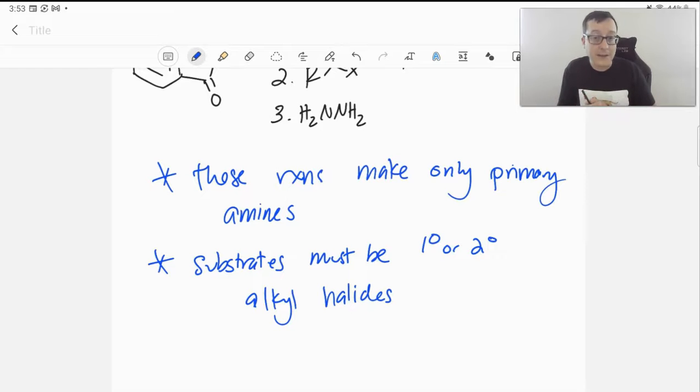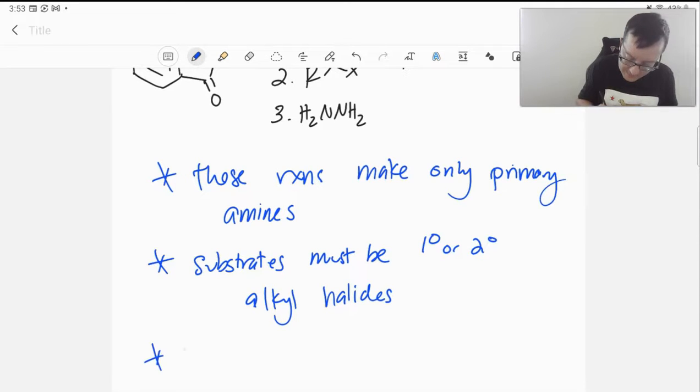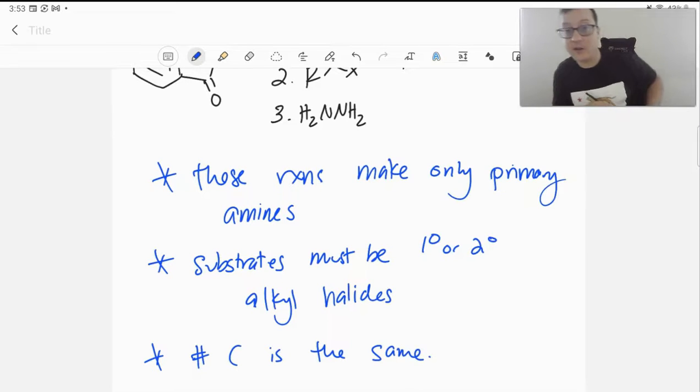So if you have a tosylate, this will work, either of these. Anything you can do an SN2 on, you can do these either the Gabriel or the azide on. And again, you can do the nitrile synthesis too, but remember that will always give you 1 extra carbon. So the number of carbons here is the same from start to finish in your alkyl halide and your final product, the amine.